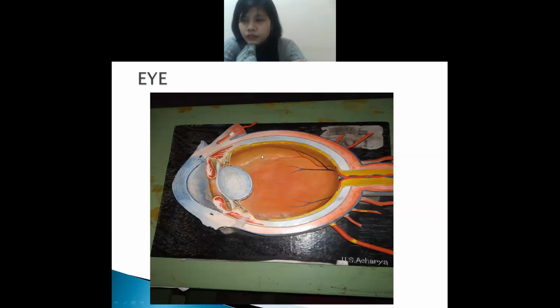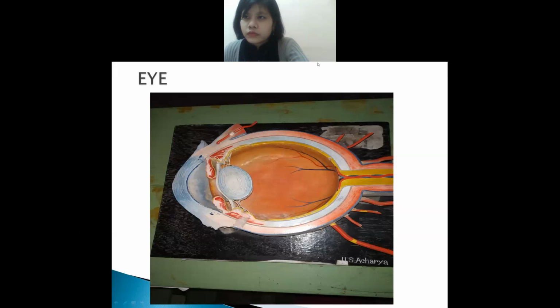Can anyone name it? Ma'am, cornea. No, no, I have mentioned one reflex. What used to happen, the pupils used to constrict, I mean the pupils used to get smaller in size.